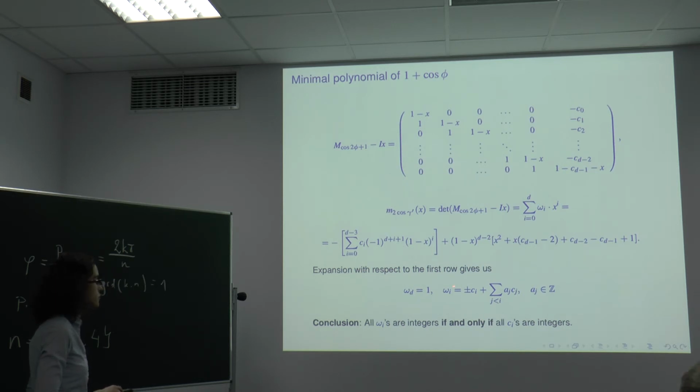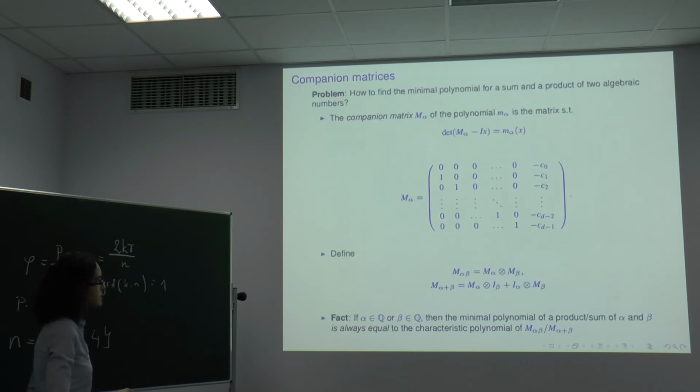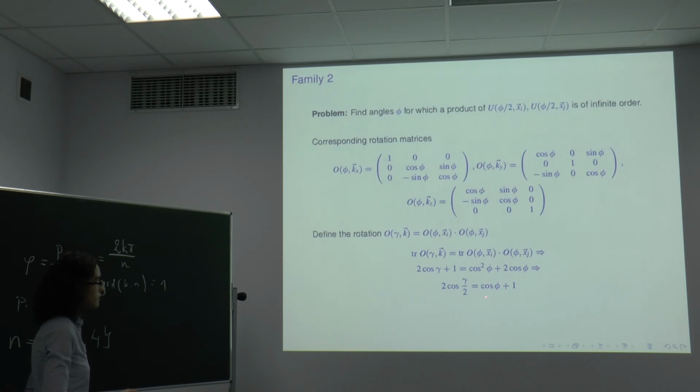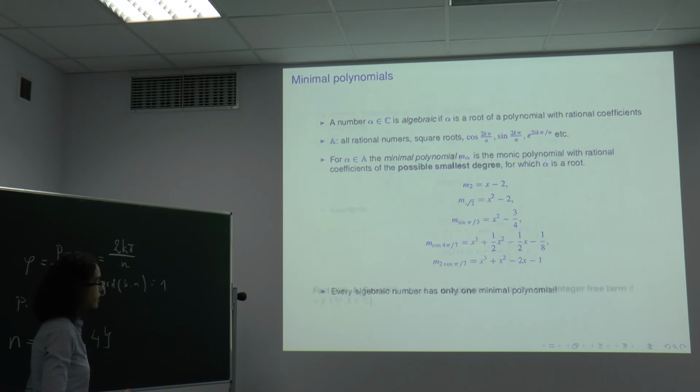The coefficients corresponding to powers of x which are lower by d are of this form. So they depend on the coefficients ci, where ci's are the coefficients of the minimal polynomial of this number.